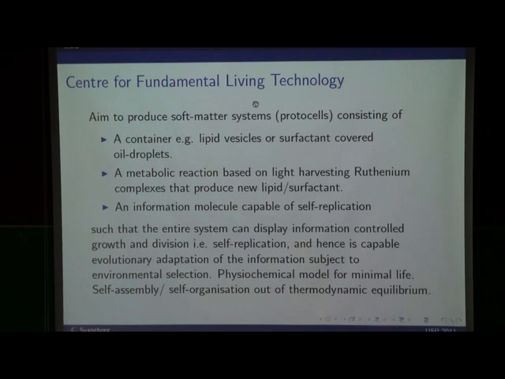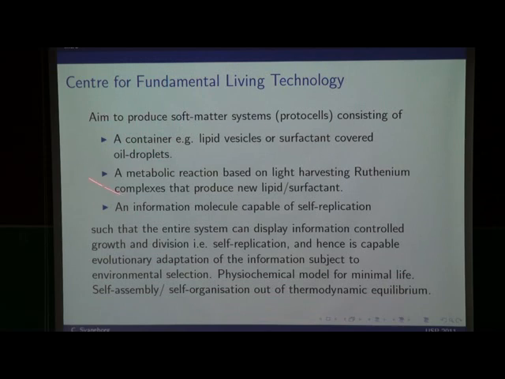I'm currently employed at the Center for Fundamental Living Technology. What does this really mean? Well, we're not even sure ourselves. But the point is that we want to produce soft matter systems that we call protocells that consist of a container, which could be a lipid vesicle or surfactant covered oil droplet, or it could also be a gel or a macroscopic droplet of something.